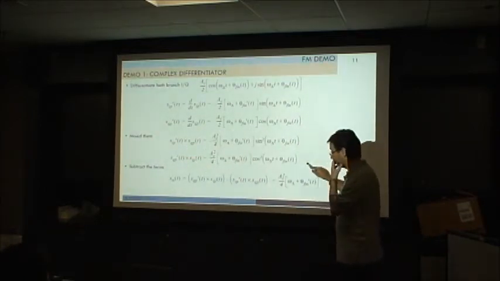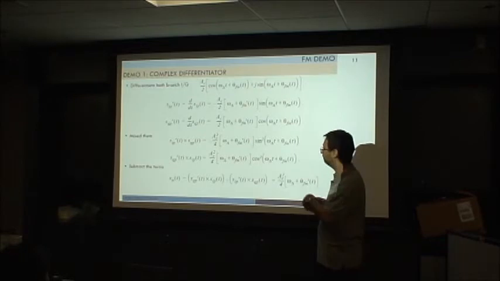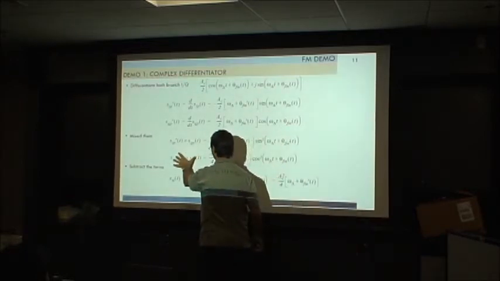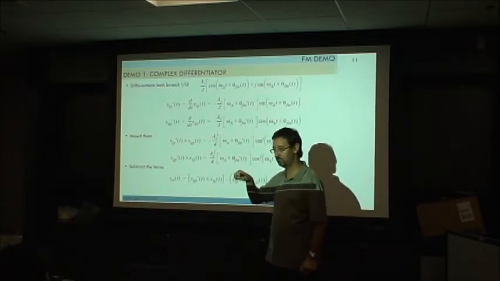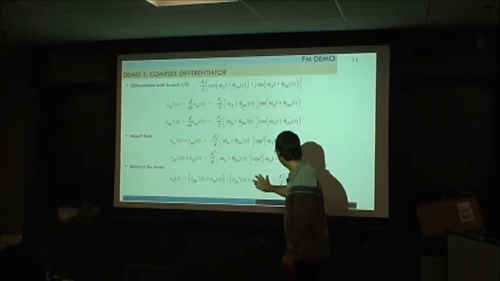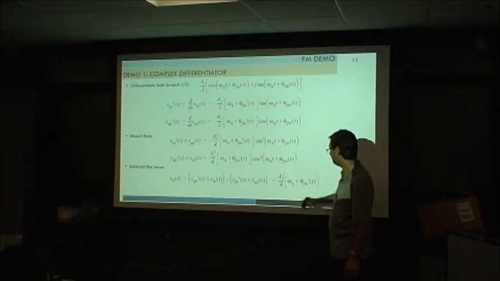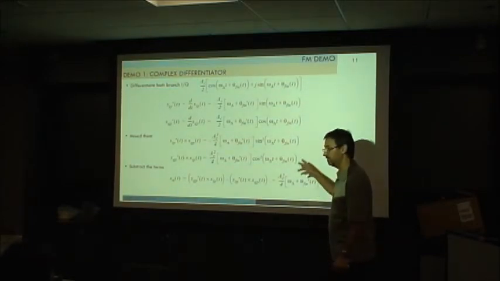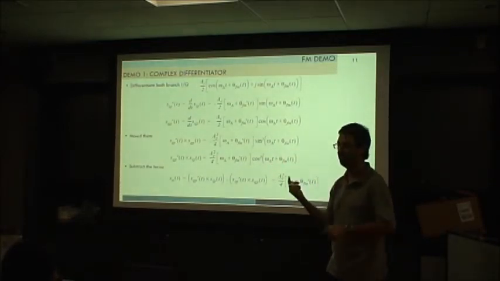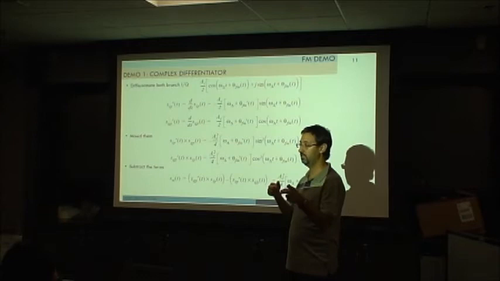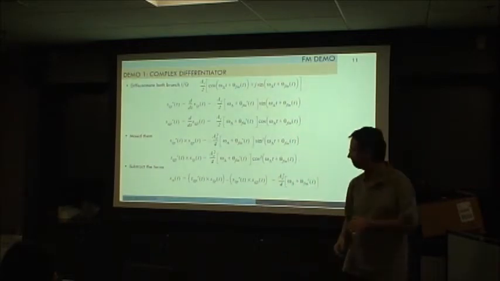We get this one, and at the end we subtract these two results, this one and this one. And believe me, this is like 2 or 3 pages of math, but at the end what you will have is this, okay? If you remember, this guy was an integral of our signal. So if we take the derivative of an integral, we get our signal, okay?